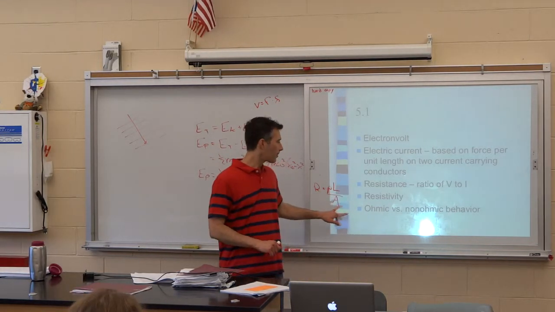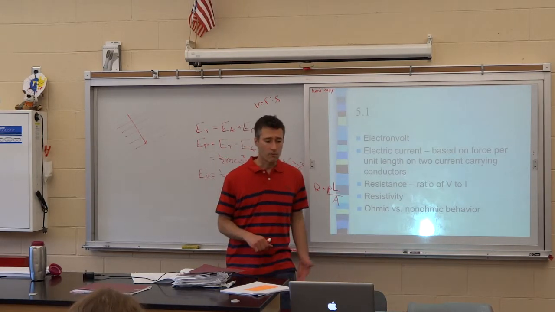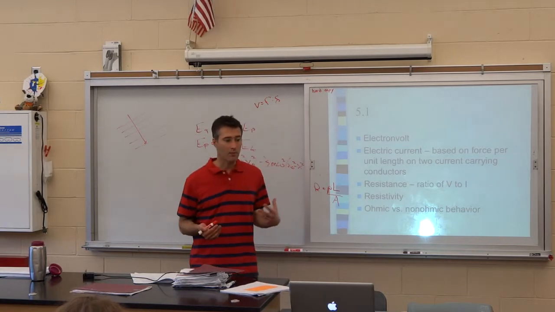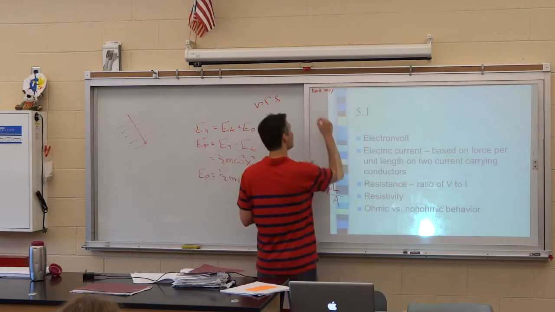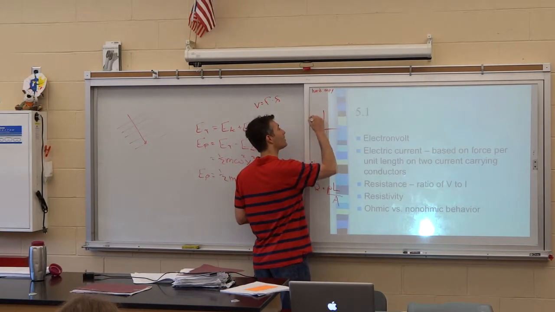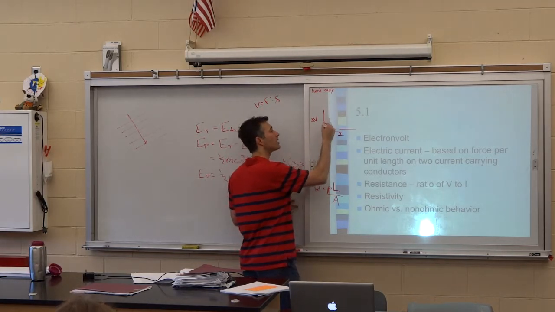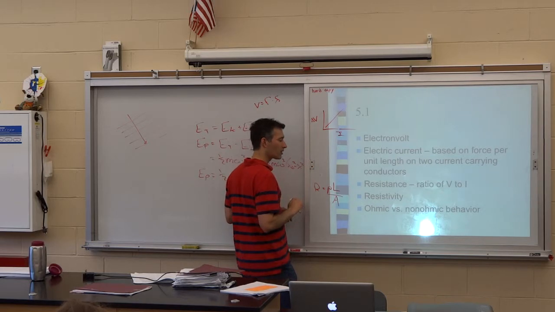And then we finished up by comparing ohmic and non-ohmic behavior. Most things are ohmic, at least within a narrow temperature range. But things like light bulbs are particularly non-ohmic. We can identify that by looking at a potential difference versus current graph. An ohmic thing should have a very linear relationship. And if I'm not careful, I'll get this wrong.